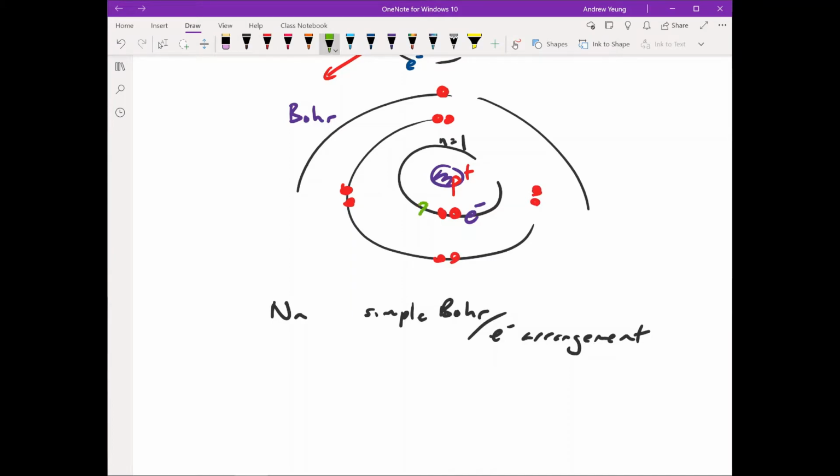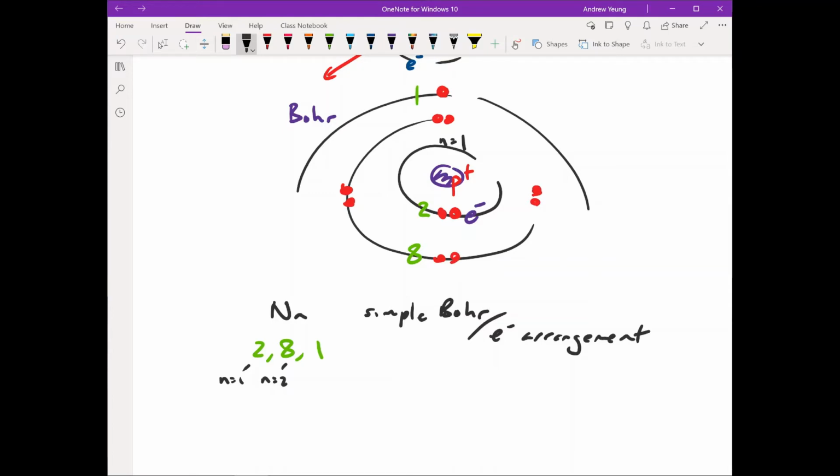We have 2 on the first floor, 8 on this floor. I know the maximum for the third shell is 8, but sodium doesn't have enough electrons to fill that up. So for sodium, it would be 2, 8, 1. Sometimes 2.8.1. Basically, it's identifying for you on each of the orbits, on each of the shells, how many electrons are on each of these floors.